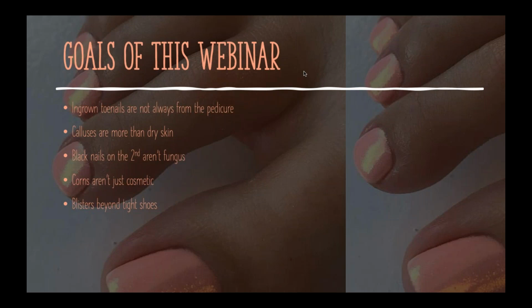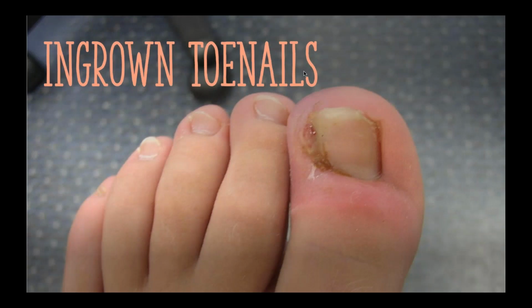They tell you the story of how forces are going through the foot and the way that weight distribution is being placed. If we look at the black toenail on the second toe, you see this a lot in runners, soccer, football, dancers as well. Corns are not just a cosmetic issue, and blisters on the bottom of the foot are not just from tight shoes. So let's get started with our first story that is being told.